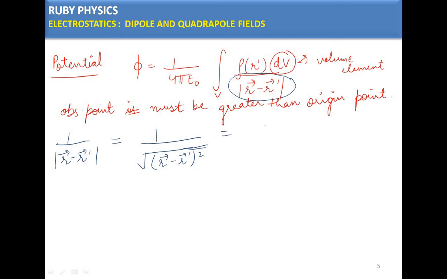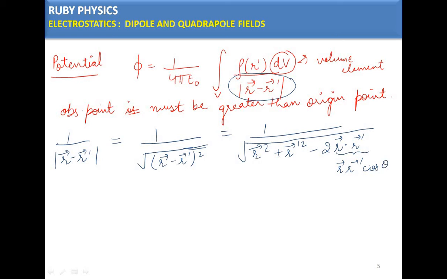Then I can expand it and write it as r square plus r dash square, then minus 2 r r dash dot product, all in an under root. You must know that r dot r dash we can write as r r dash cos theta.